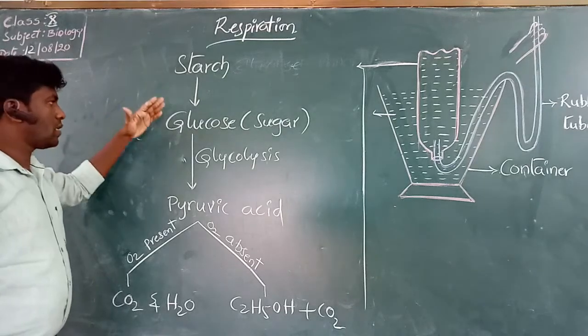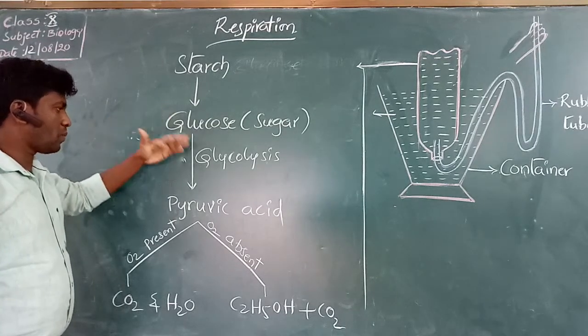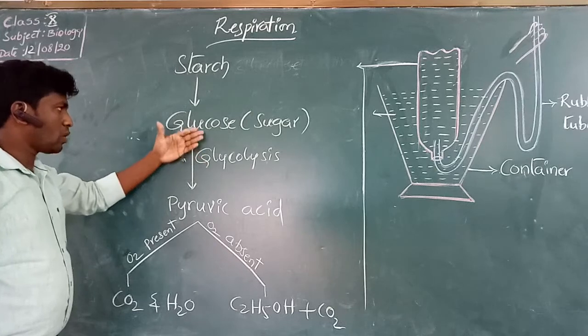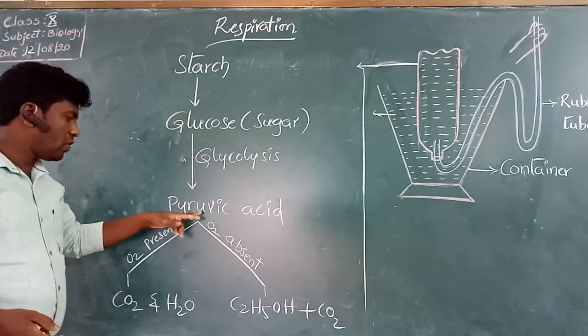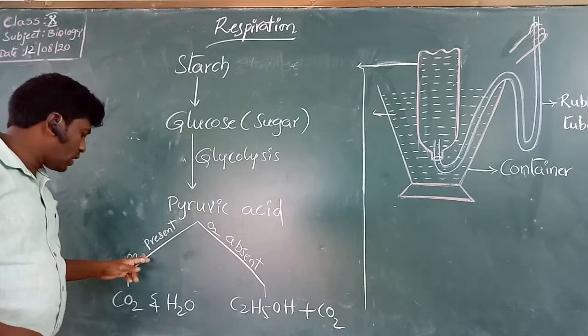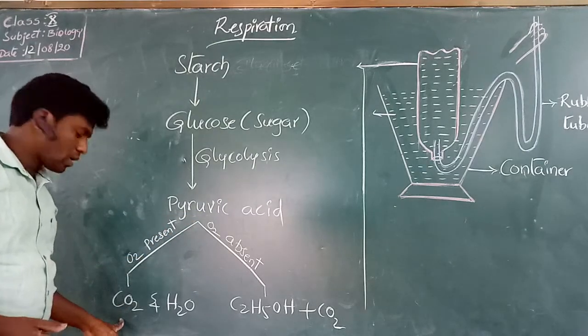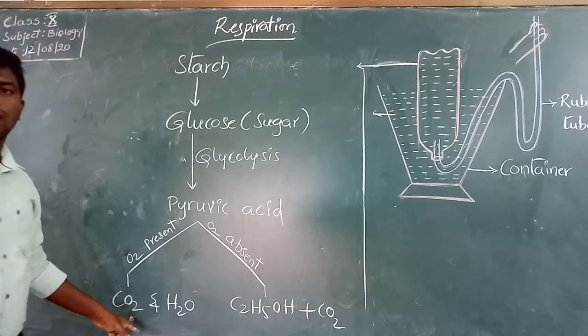Look at the chart. Starch is converted to glucose. Through glycolysis, the glucose is broken down into pyruvic acid. If oxygen is available, the pyruvic acid is further oxidized into carbon dioxide and water.